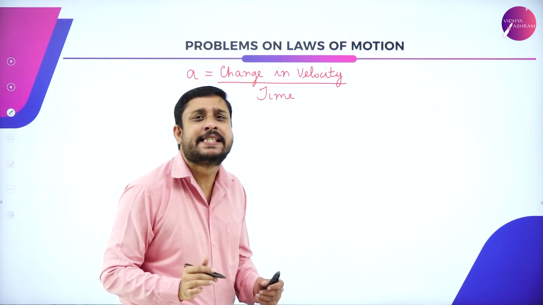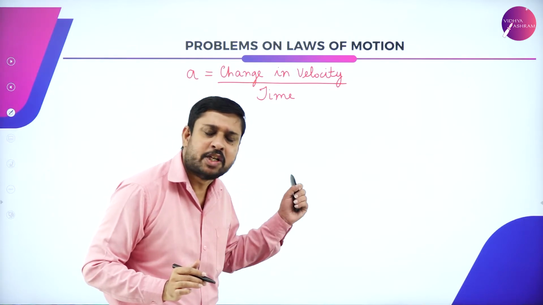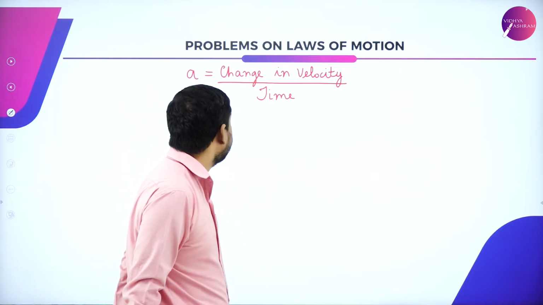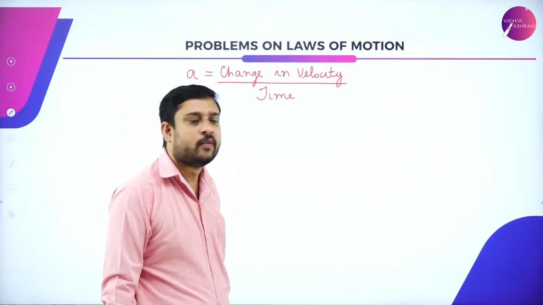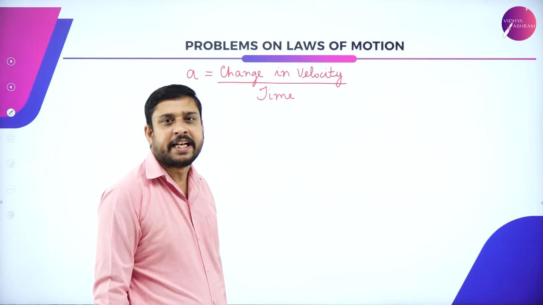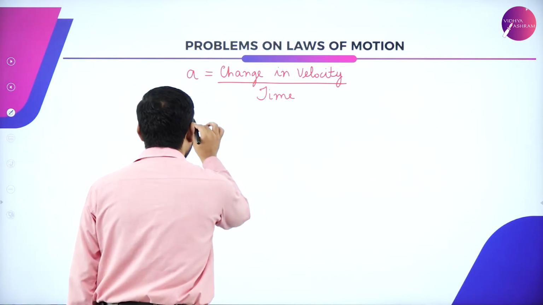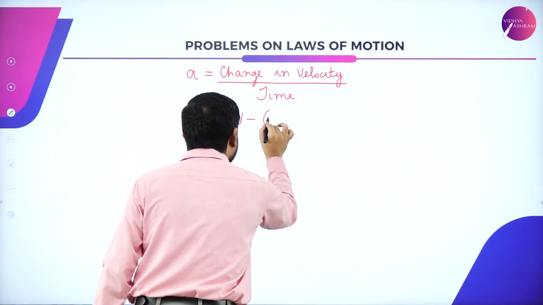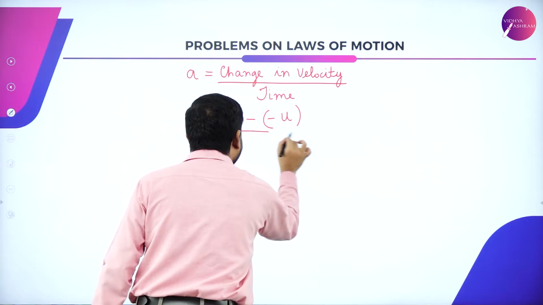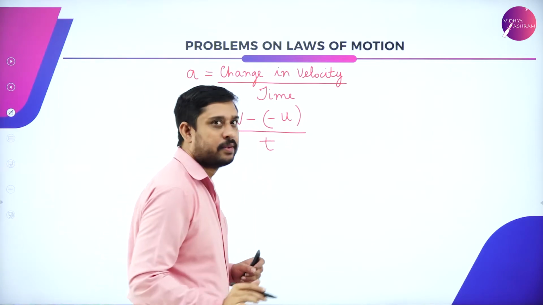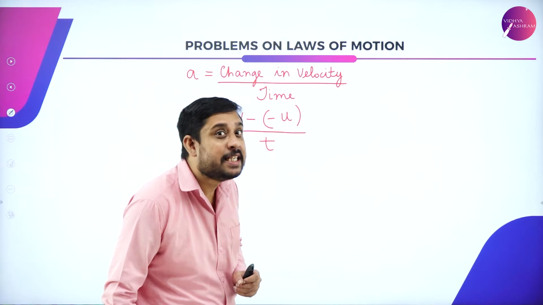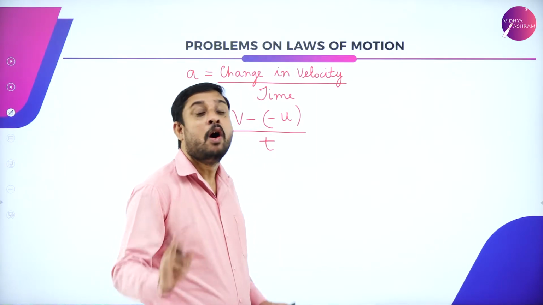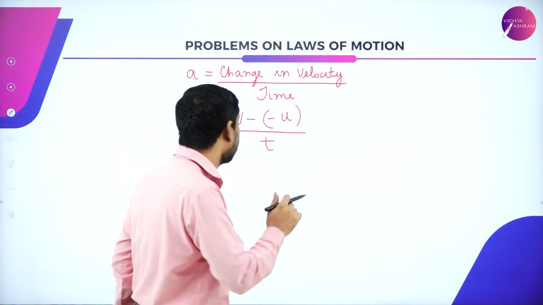Wherever you have bouncing systems, you can use this concept to calculate acceleration, which is change in velocity divided by time. Or A is V minus U by T. You remember V minus U. Previous session I have told bouncing is happening in opposite direction.